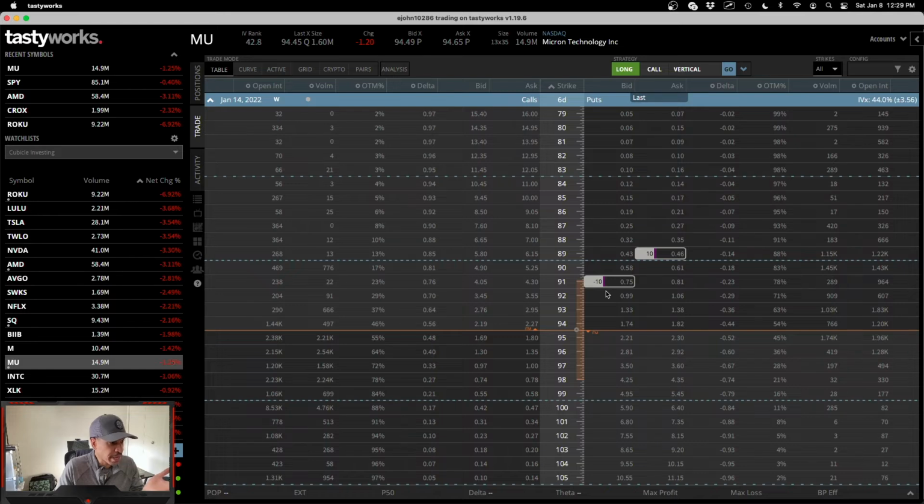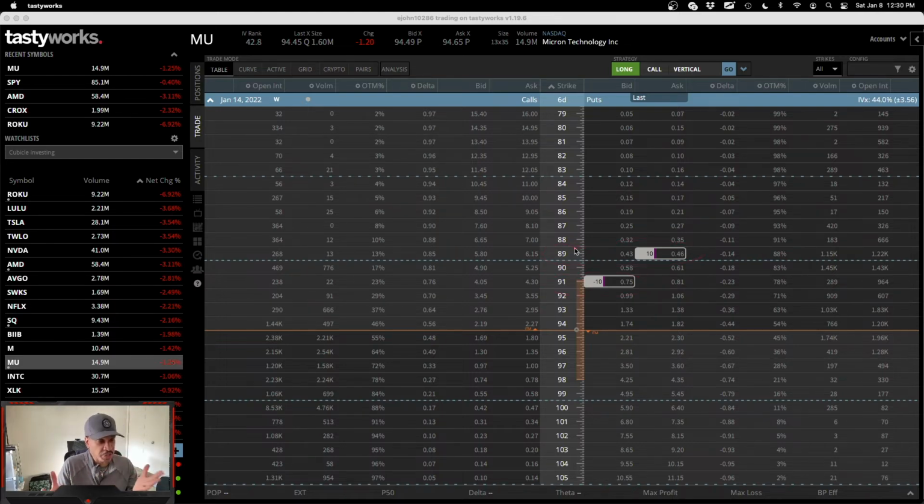So a bull put credit spread is basically you're bullish, right? So you are anticipating that the price of the underlying, and the price of the underlying is conveyed by this circle here, is going to stay above the short strike which you sold. So I sold the 91 put option, and I bought the 89 put option, right?